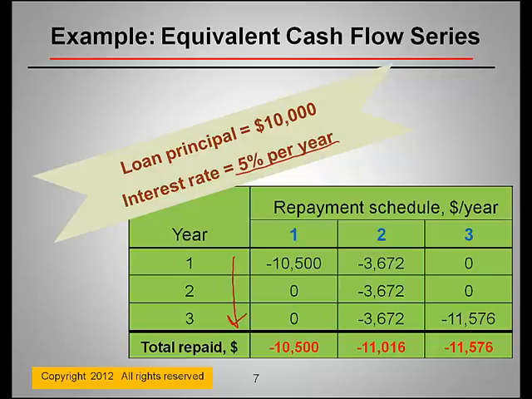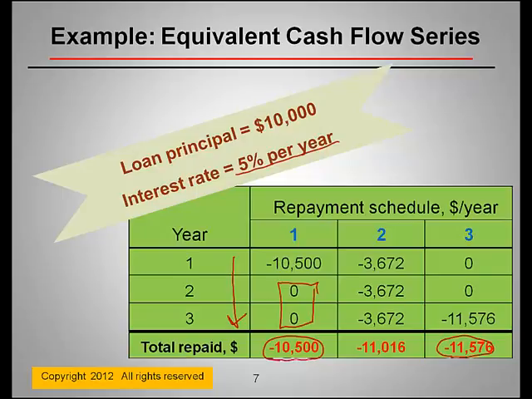Notice that the total amount repaid varies considerably, from $10,500 for Plan 1 to $11,576 for Plan 3. This is because of the manner in which the interest due is determined and the timing of the cash flows. Plan 1 requires payment after only 1 year, with no repayments during the 2nd and 3rd year.